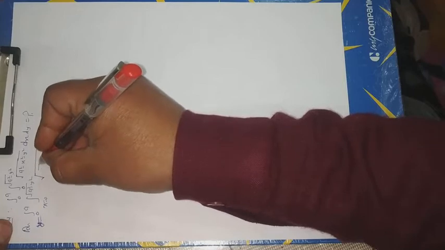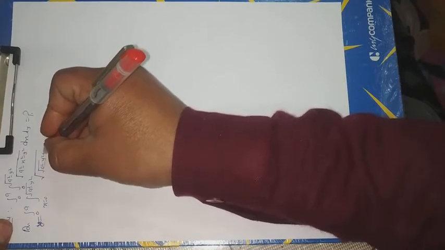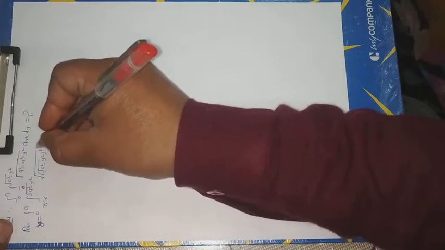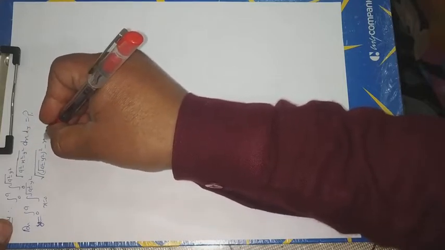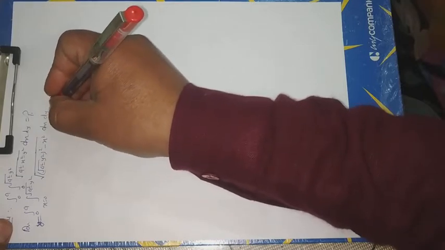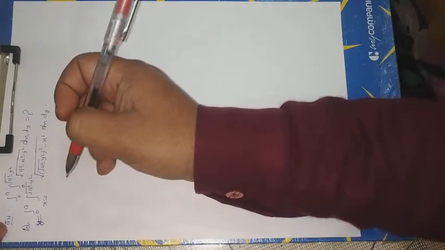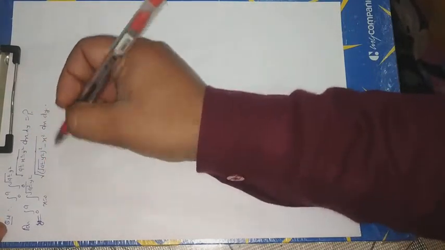Now we can write under root a square minus y square whole square minus x square dx dy. Since second limit in terms of y, that is, we can say this is the limit of x. So first integrate with respect to x here.